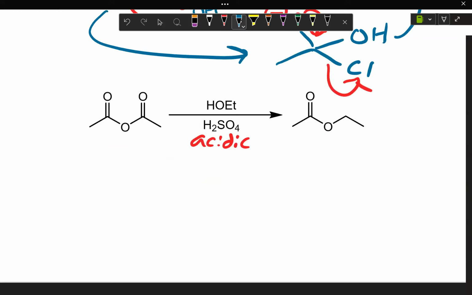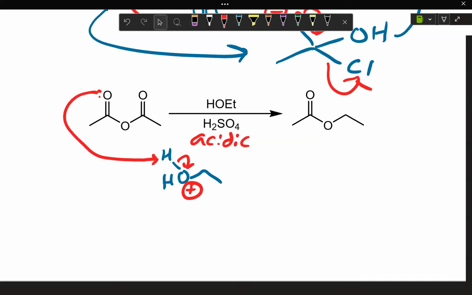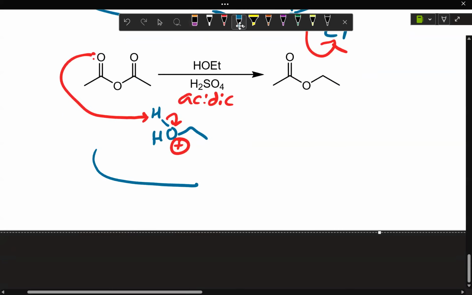Protonate that carbonyl oxygen to make it more electrophilic. So that's what we're going to do first. Just protonate that oxygen.